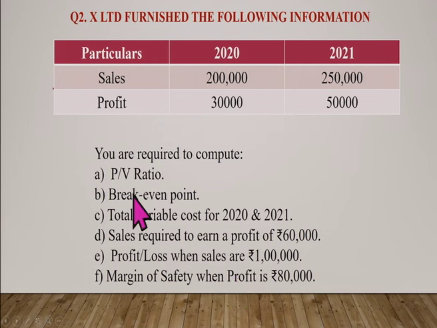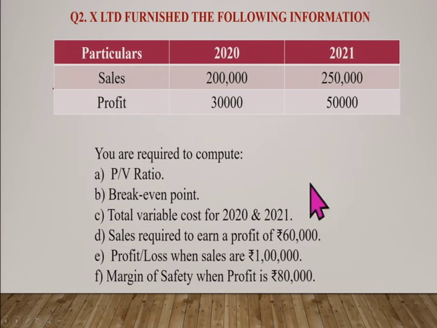Here we have to calculate each individually. To calculate the PV ratio, first we have to take the difference in the sales amount. Not only the difference in sales, we also have to take the difference in profit.